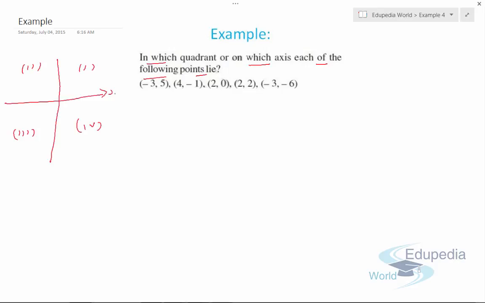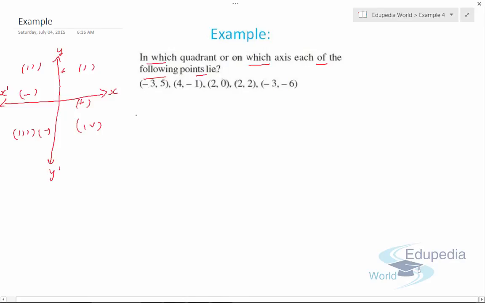So x, y, y dash and x dash, with signs plus, plus, minus, minus.